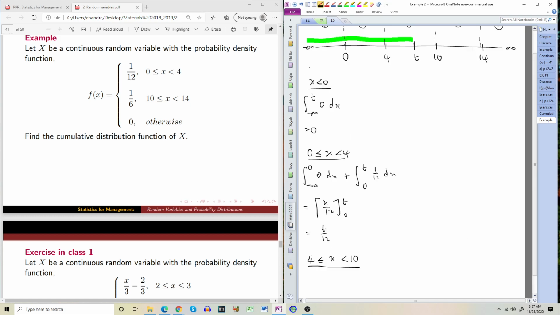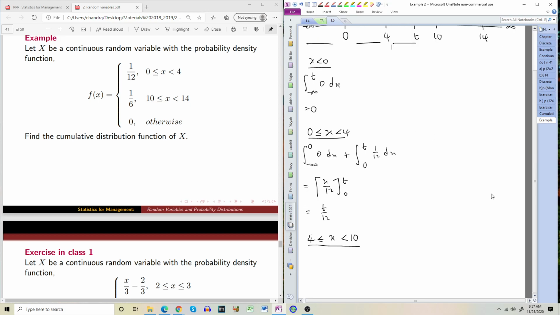So you have to go through 1, 2, 3 integrations: negative infinity to 0, 0 to 4, and 4 to t.